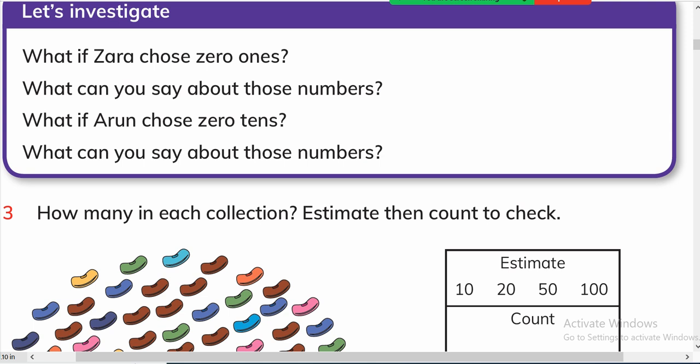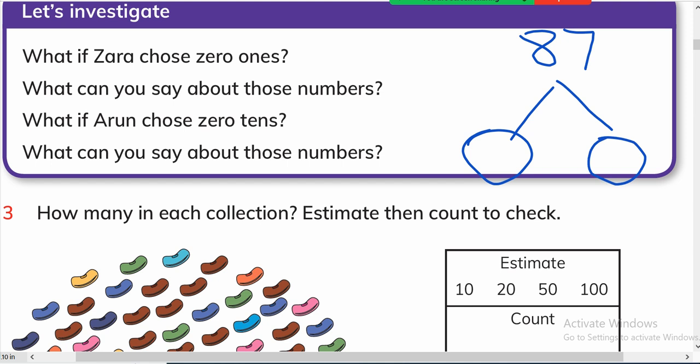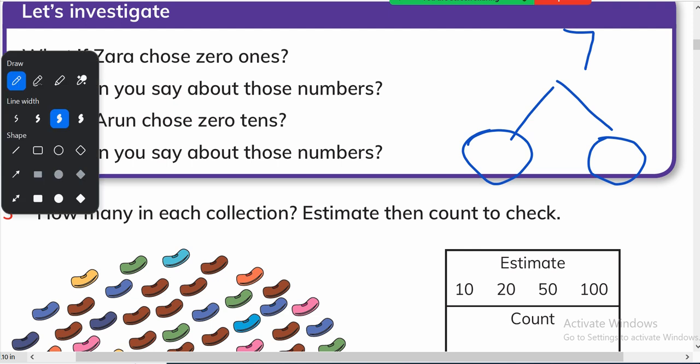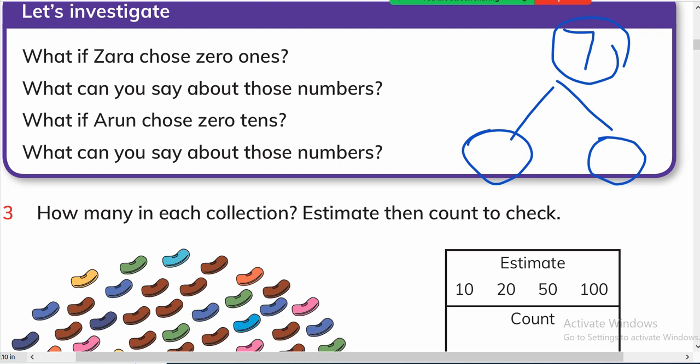Okay, what if Aaron chooses 0 tens? If the number is 87 and it has number bonds, Aaron was choosing tens. Aaron said that I don't want to choose any tens, then there will be only one side. So we will not write anything at the tens side, and if we have to write it on a number bond, we can write like 0 plus 7.